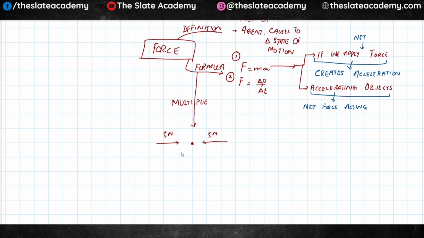So now I will calculate what I call net force. This one is F1, this one is F2. So net force is equal to F1 plus minus F2. Why? Because force is a vector quantity. If I'm taking the rightward forces as positive, I'll have to take the leftward forces as negative. Okay, so I'll get sigma F is 0 in this case. The forces balance out. So net force is 0.